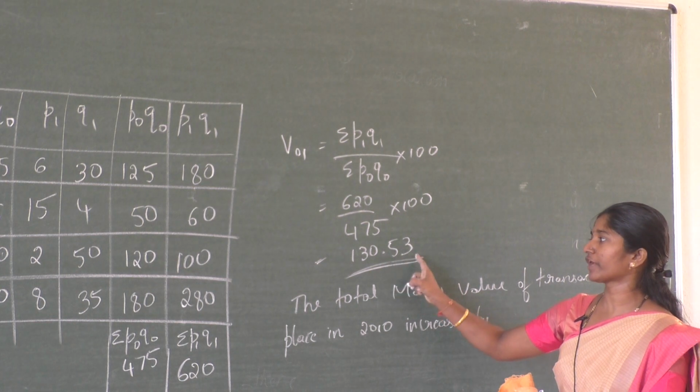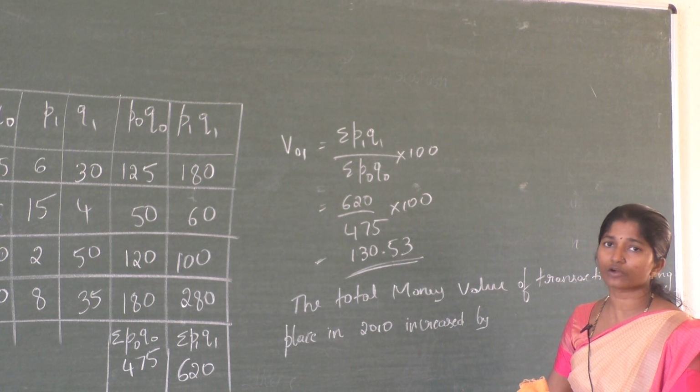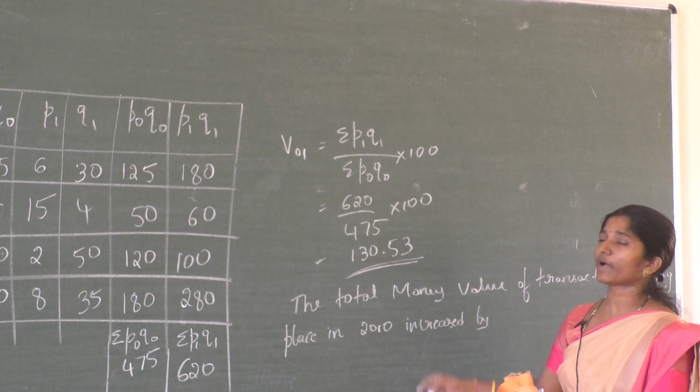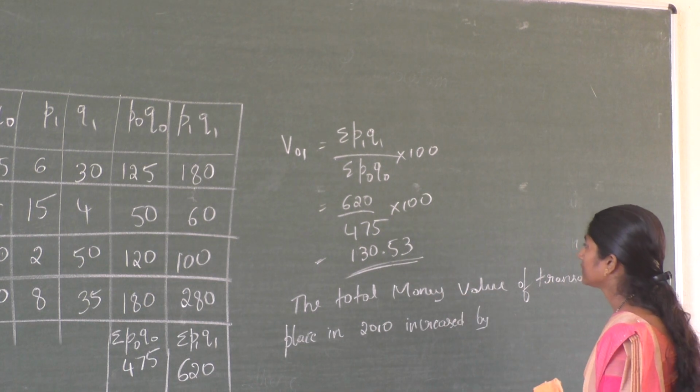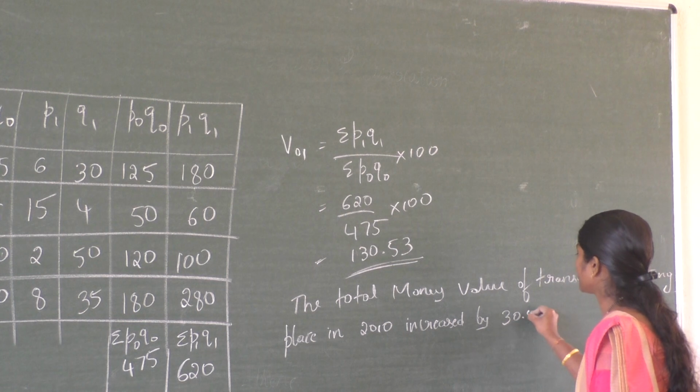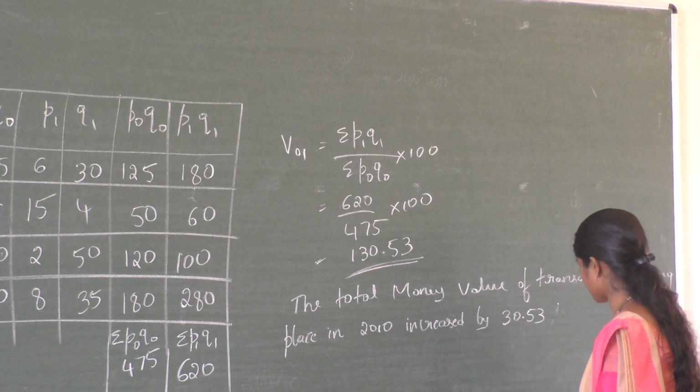The base year we always take as 100. After subtracting 100, we get 30.53.